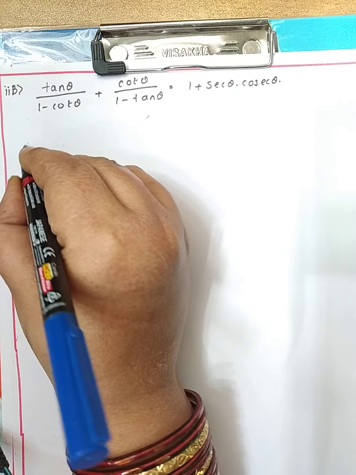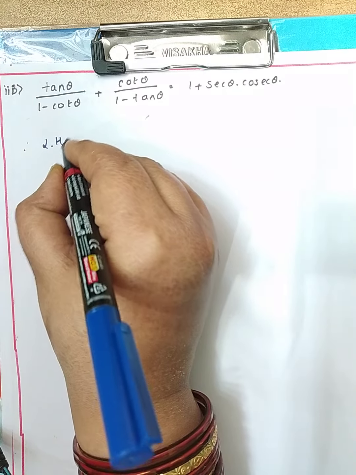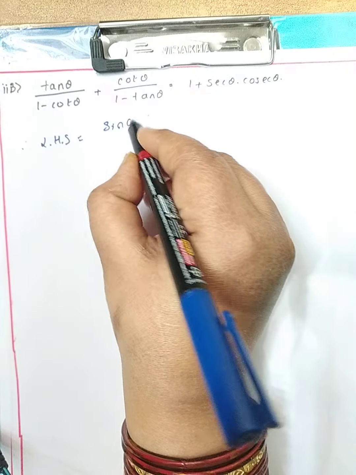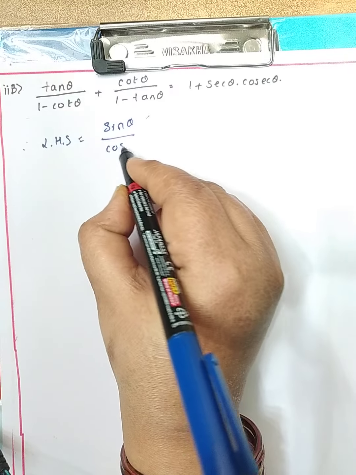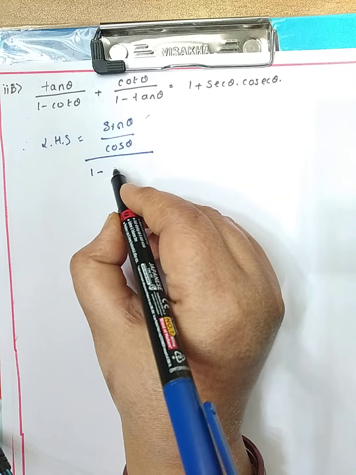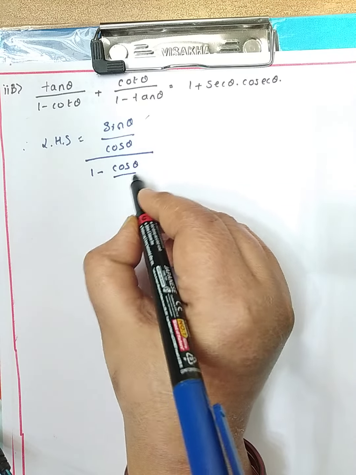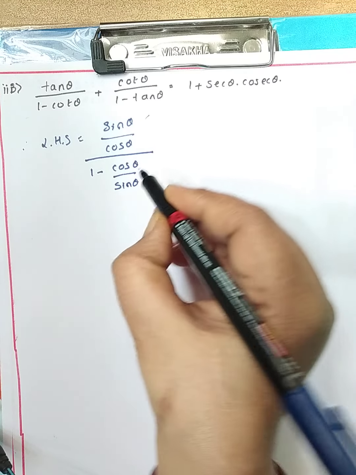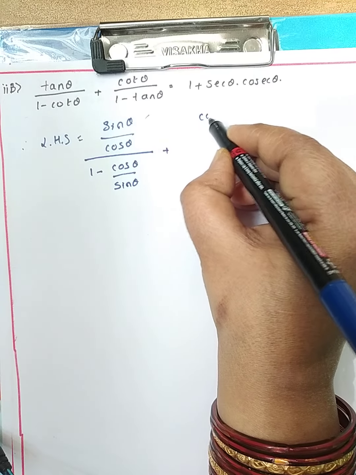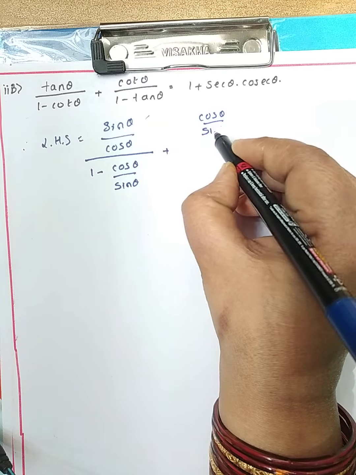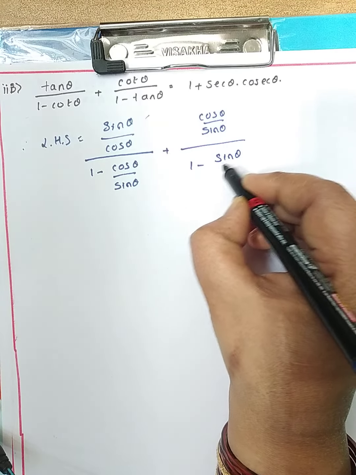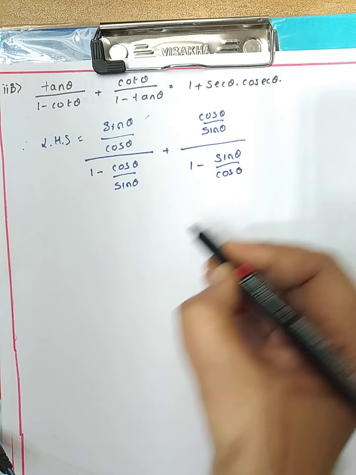Right. Therefore, LHS equal to tan theta is sin theta by cos theta, whole divided by 1 minus cot theta, and cot theta is cos theta by sin theta, plus, again to convert this, cot theta is cos theta by sin theta, divided by 1 minus tan theta, which is 1 minus sin theta by cos theta.